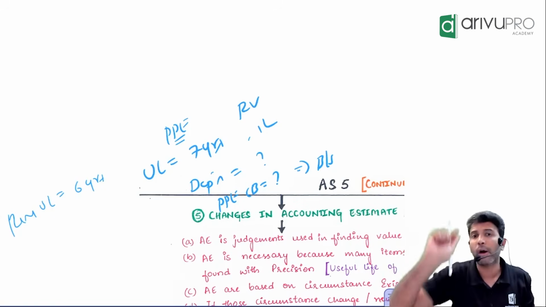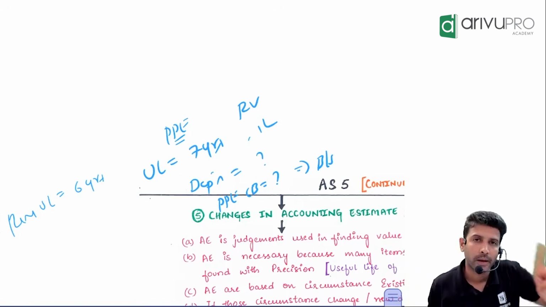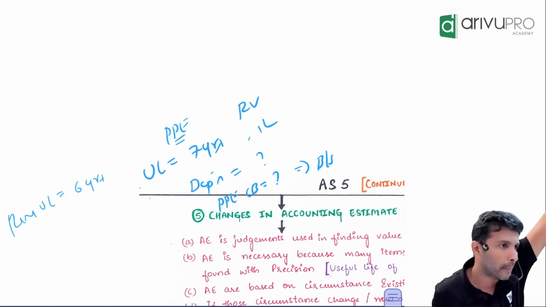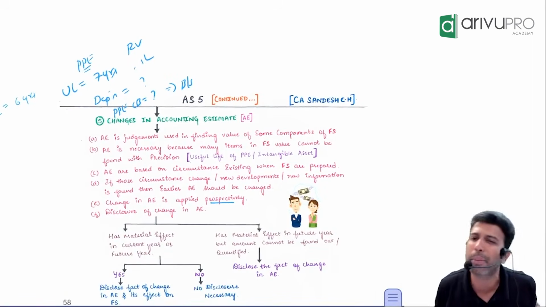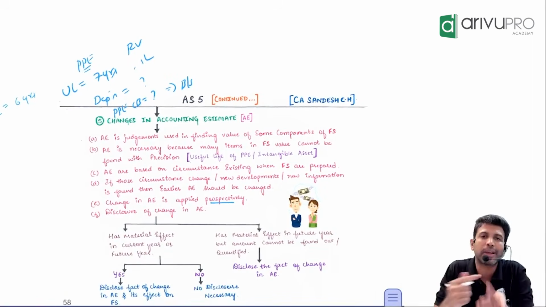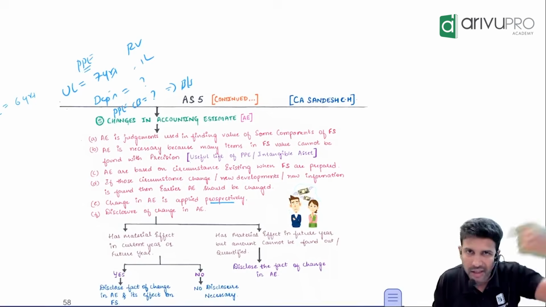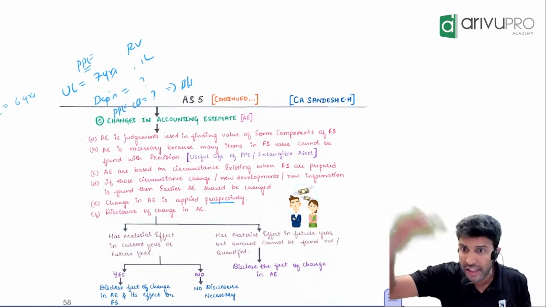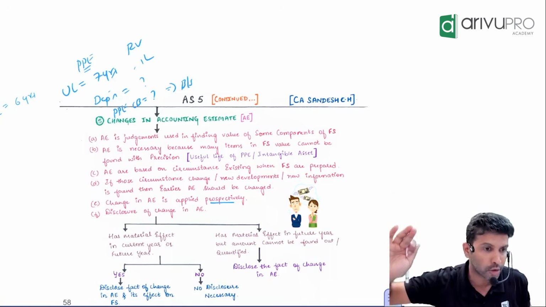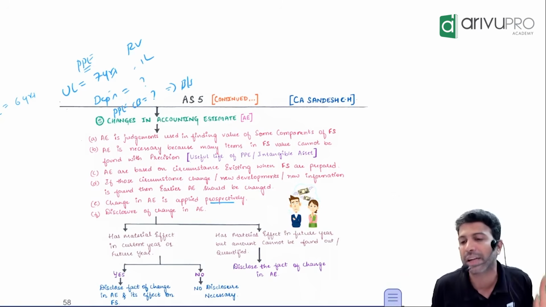See, an accounting policy change, how will you give the effect? Retrospectively, meaning from the beginning. For an accounting estimate also, can you ask me to do it from the beginning? Would that be fair? Estimates are always based on circumstance, and circumstance will always keep changing. It can change multiple times. That means every time I'll keep doing retrospective.